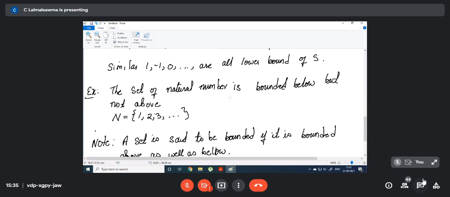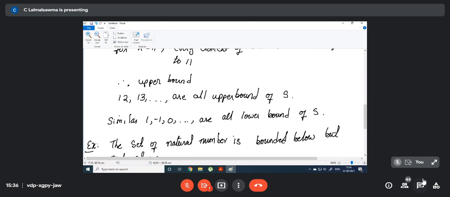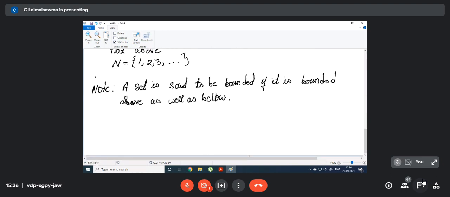So from this example, we know that there are many upper bounds of S and there are many lower bounds of S. So one more definition.